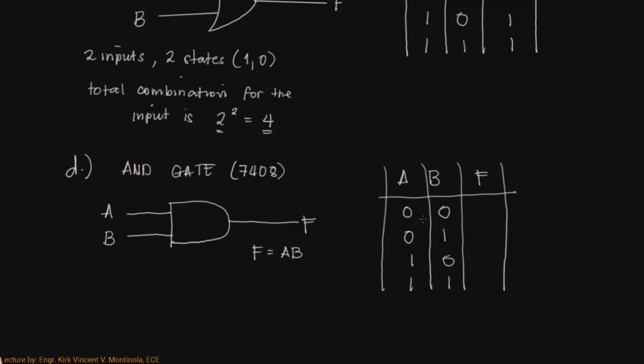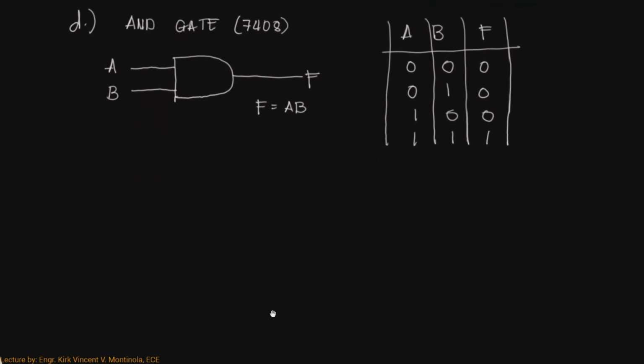So 0 and 0 is 0, 0 and 1 is 0, 1 and 0 is 0, and 1 and 1 is 1. That is its truth table.